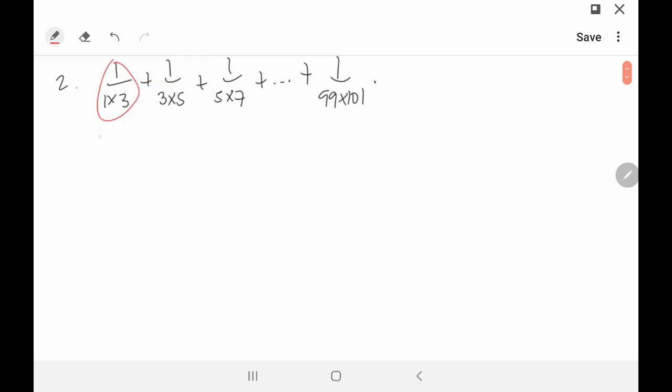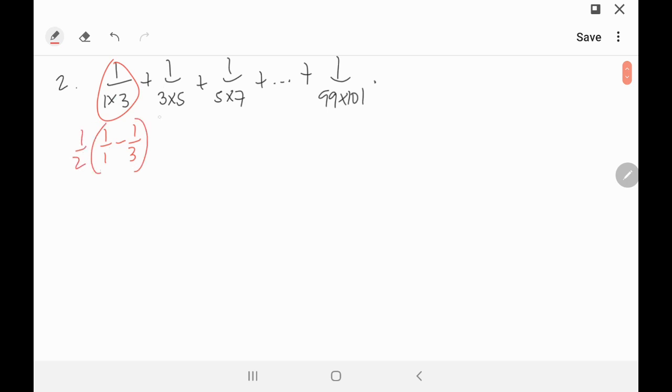For our first fraction, we can evaluate this. If we use the method as we used in number 1, what would be the value of 1 over 1 minus 1/3? That one would be equal to 2 over 1 times 3. So to make it equal to 1 over 1 times 3, we're going to multiply that by 1 half.